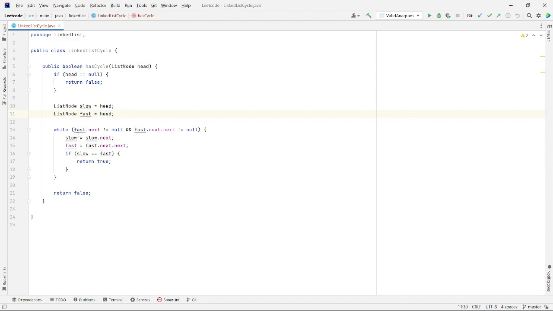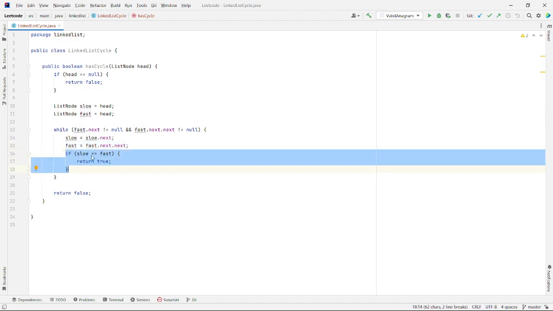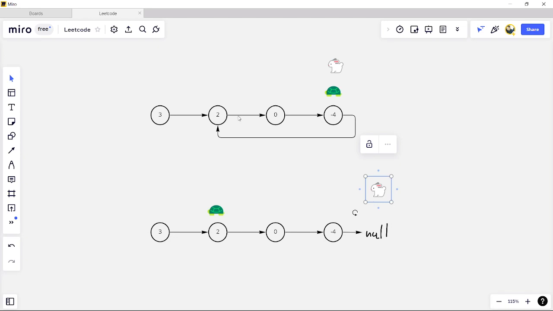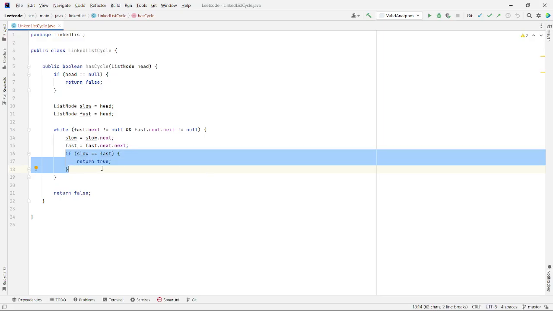And then, as we said, until the fast pointer, that means our hare, reaches the end, we move our slow pointer by one, and we move our fast pointer by two places. And if there is a condition where both of these pointers meet at some place, for example in this case, when these two pointers meet at one node, that means that there is a cycle.